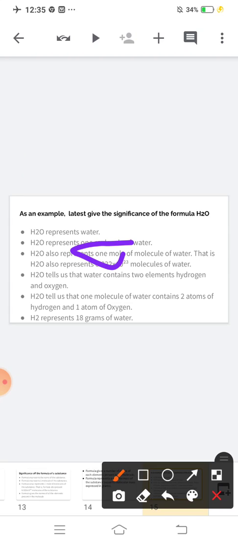H2O tells us that 1 molecule of water contains 2 atoms of hydrogen and 1 atom of oxygen. And if you add it, the molecular mass you will get is 18 gram. Is this clear? So, in this slide, I have explained all the significance of the formula with the help of an example, and that was H2O. Is this clear?